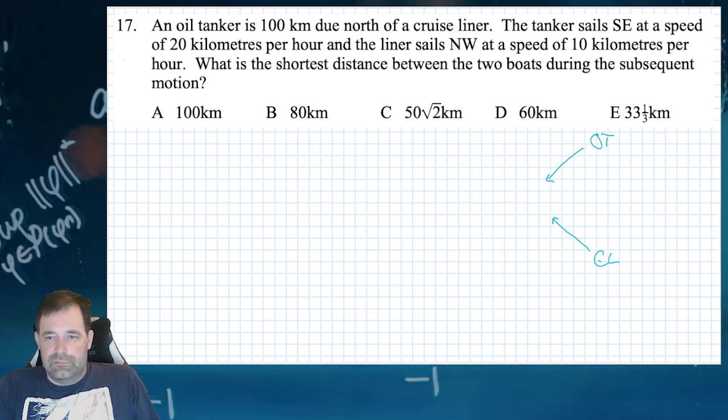Oh, hang on. No, the oil tanker is going southeast. Right, and then the distance initially is 100 kilometres.